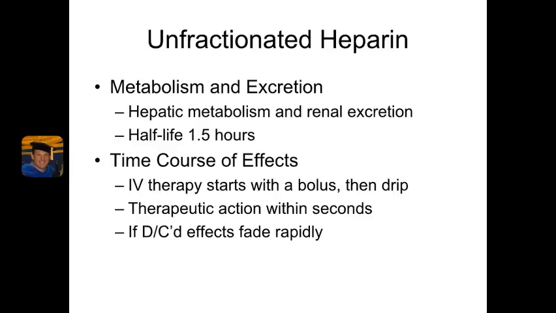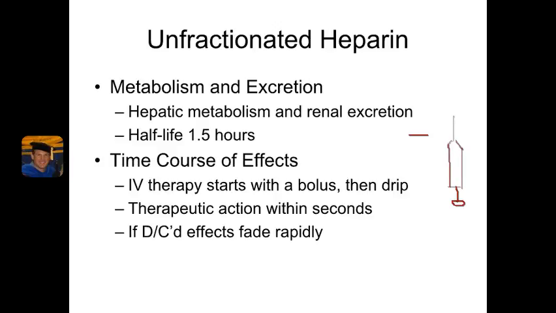As far as the time course of the effects, what you're typically going to do with IV therapy is you're going to start off with a bolus, which is an injection within a syringe, and then you're going to begin a drip. So the bolus is going to be in a syringe. You're going to draw it up from a little vial, and you're going to push it into the patient's vein through the IV.